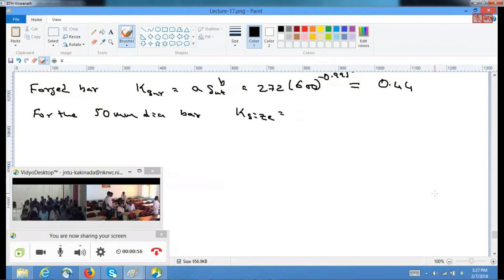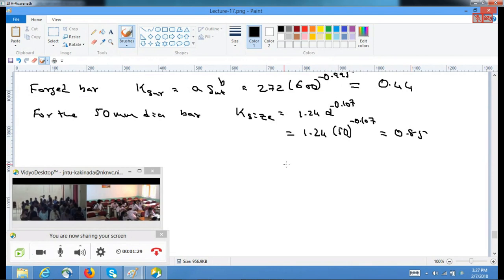K size, we need to take it as 1.24 d to the power of minus 0.107. So if you apply 1.24 times 50 to the power of minus 0.107, it happens to be a value close to 0.85 as your size.